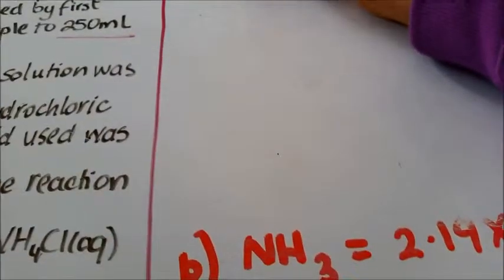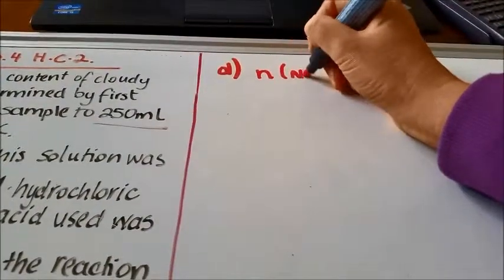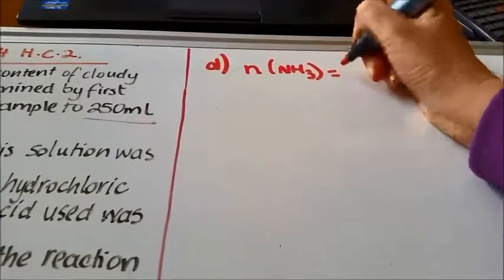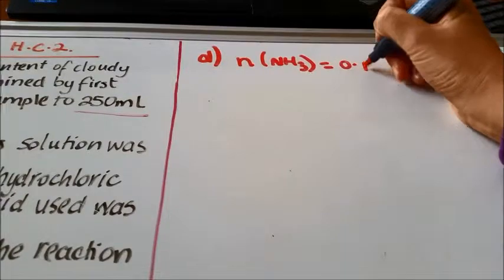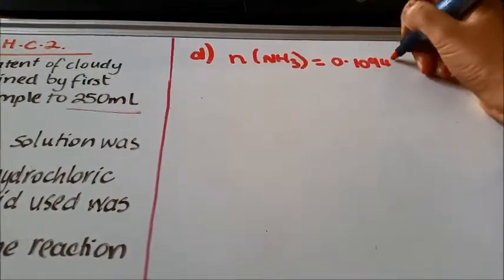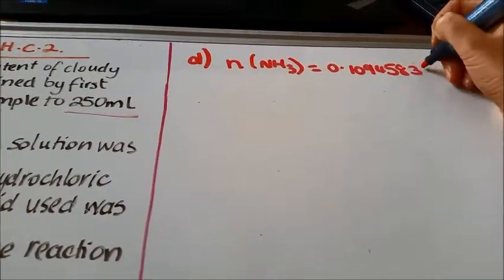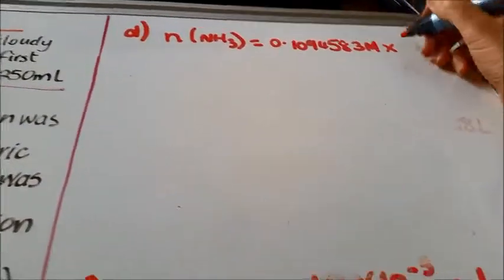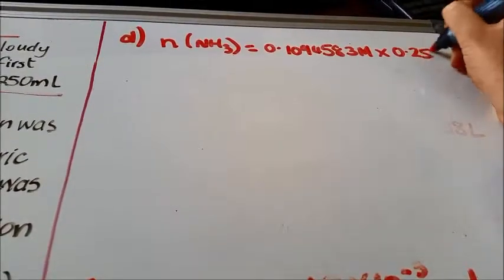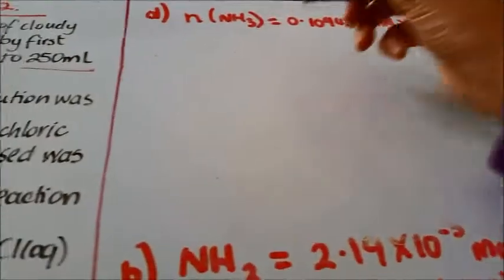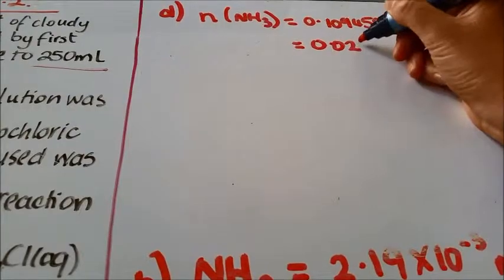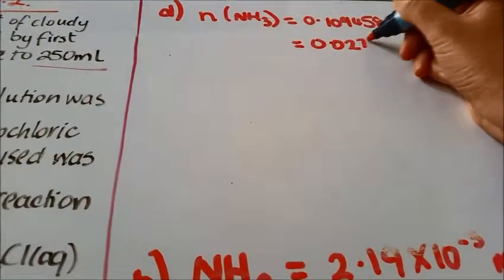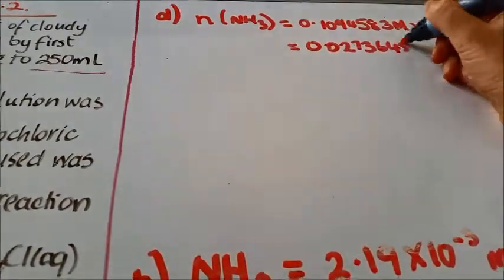So what we're going to write up the top here is that our amount of NH3 is going to be equal to our 0.1094583 molar multiplied by our volume of 250 mL, which again is in litres, and the answer that we get here is 0.0273645 mole.